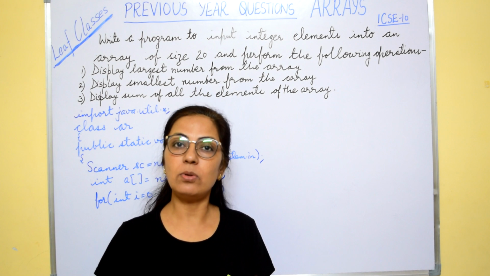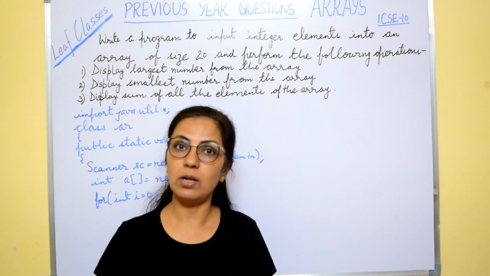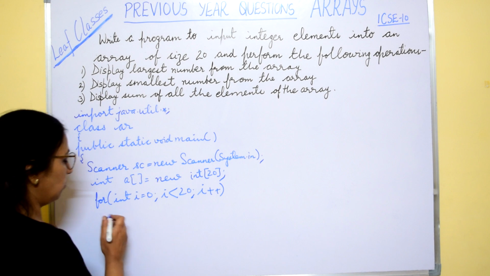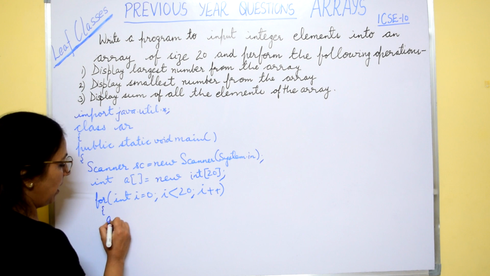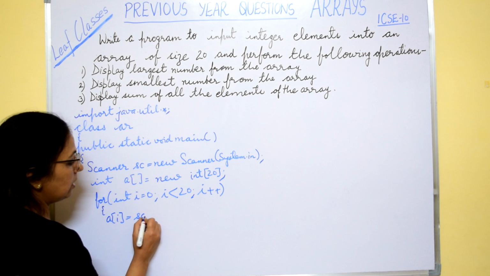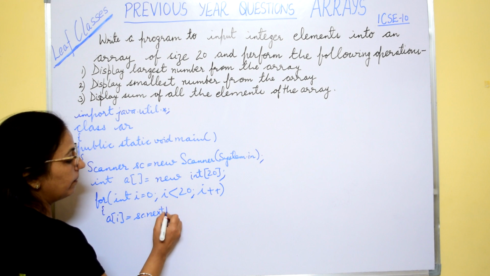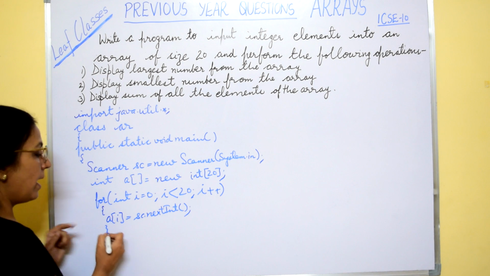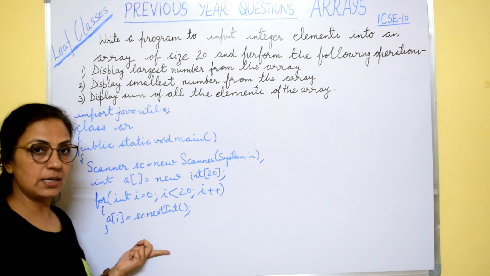You cannot use only one statement to input all the array elements. So as per the size of the array, we have to take the loop for entering. a[i] = sc.nextInt(). nextInt is the function to input an integer value, and here we are entering into an integer array.